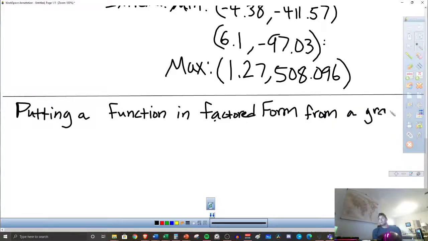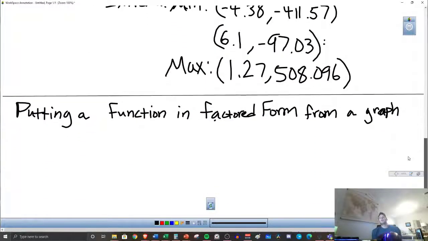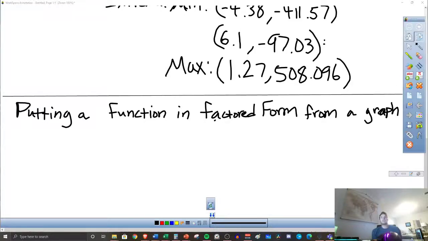Now you could do this with quadratics too. It's not just these quartics, which is, by the way, the type of function we're dealing with. The last lesson we had, we talked about identifying this is a quartic polynomial. Highest power is 4. So we don't really have factoring techniques for that. There is no slide and divide or anything like that that you can use to factor it.